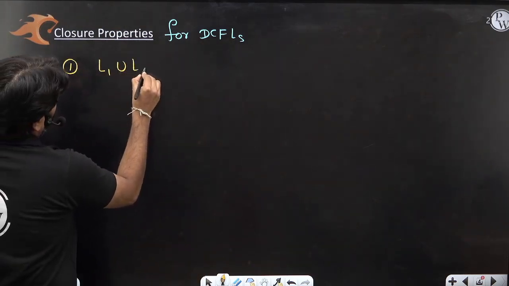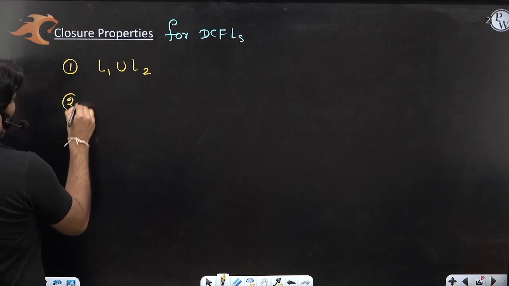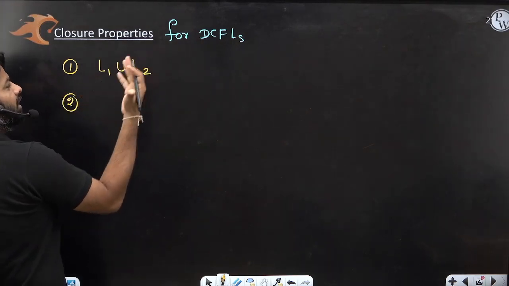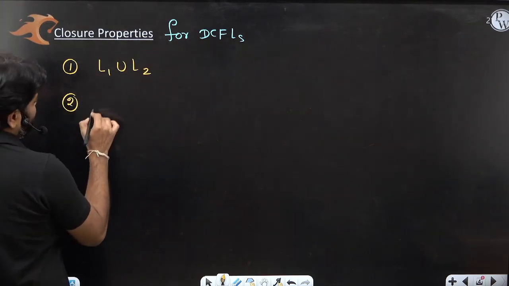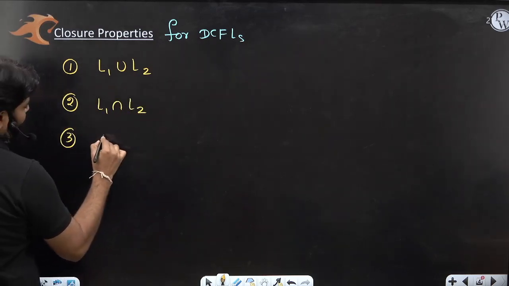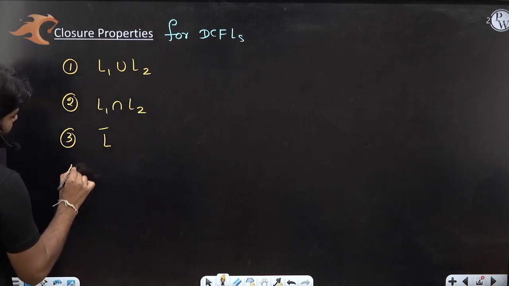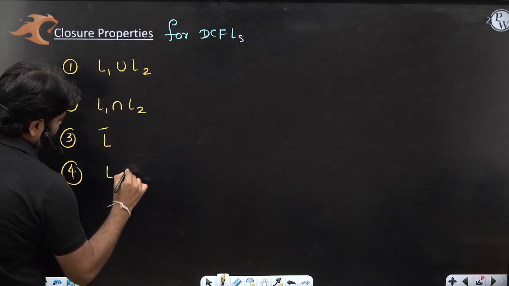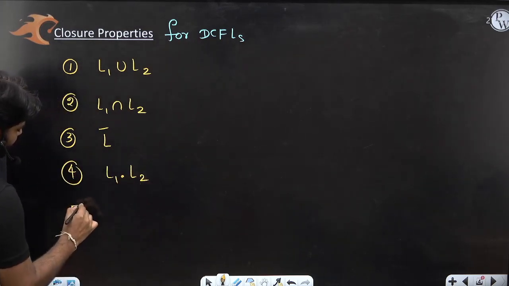Union, and you are taking these languages from the domain which has DCFLs. Intersection, then complement, very important operations. Concatenation, then reversal.